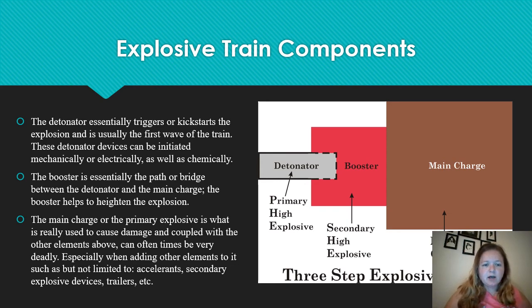So it does help to heighten the explosion, if I'm explaining this properly. And then the main charge is the primary explosive. So the main charge will do the most damage, and if you couple that, say, with accelerants or secondary explosive devices or trailers, then it's going to cause it to be even more deadly in that regard.